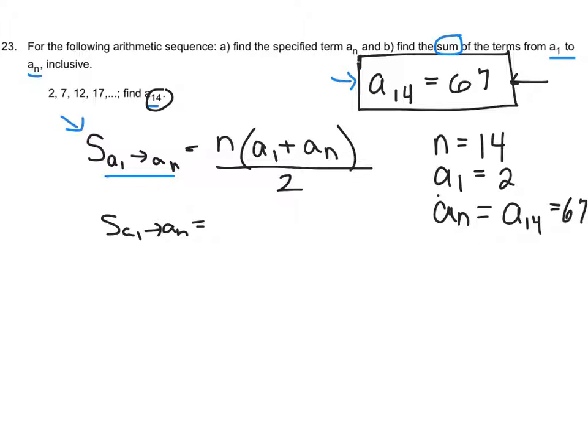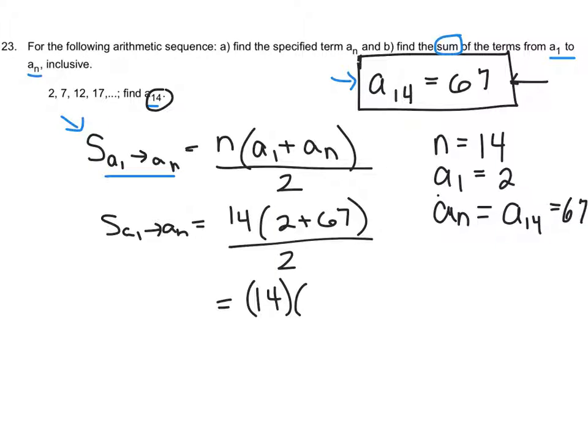So I have 14 times 2 plus 67, all divided by 2. 2 plus 67 is 69. So this becomes 14 times 69 divided by 2.